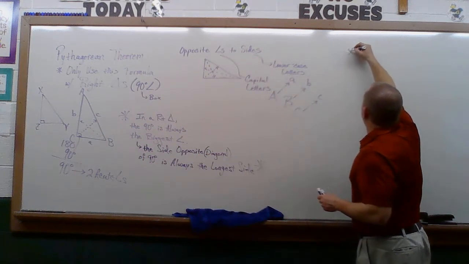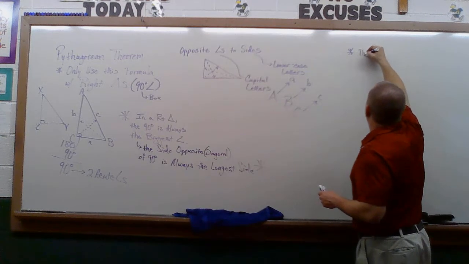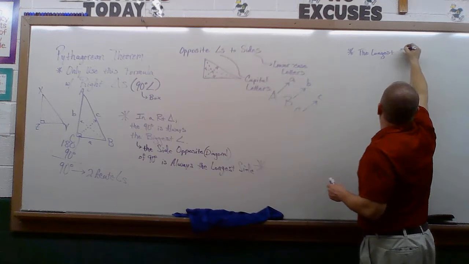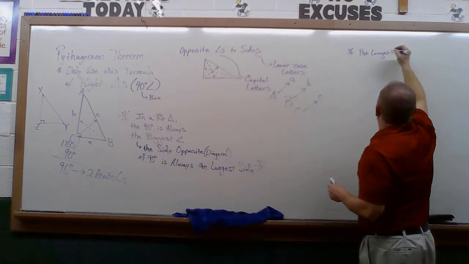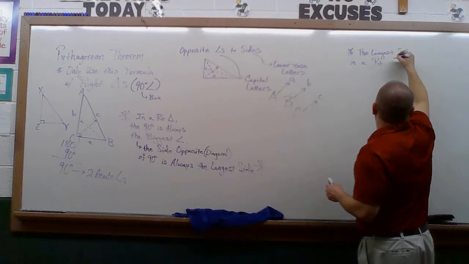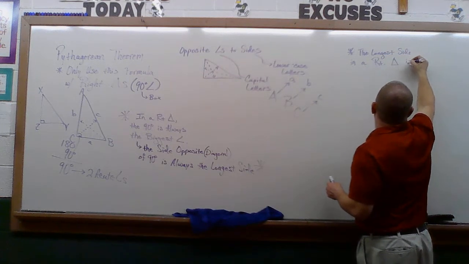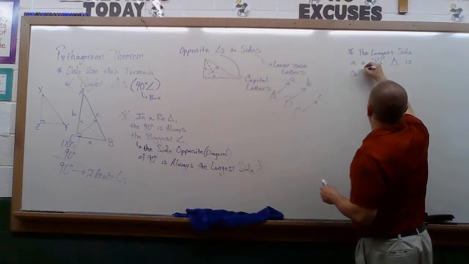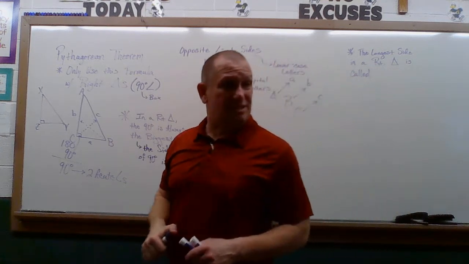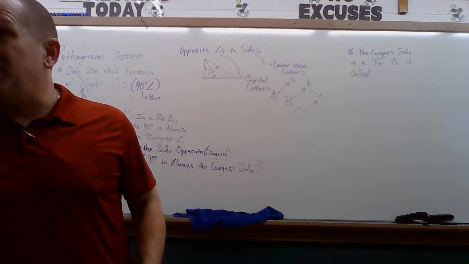So, from here now, we're going to introduce a word. So, the longest side in a right triangle is called, now, anybody have any guess what this is called? Maybe you've heard this word.